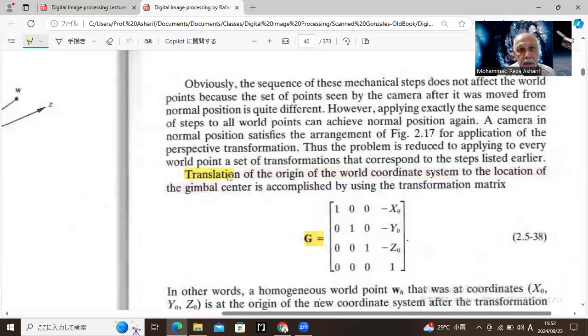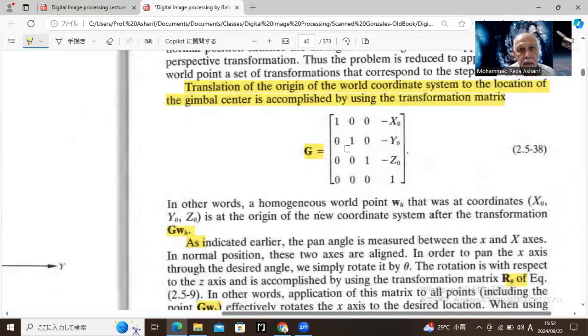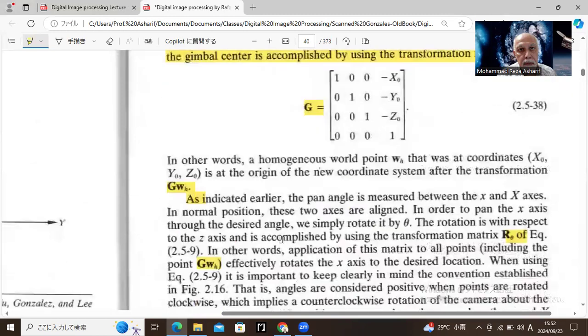One is translation of the origin of the world coordinate to the location of the gimbal center by using the transformation G, which is a 4 by 4 matrix with 1, 1, 1 on the diagonal and minus x0, minus y0, minus z0. In order to transform the homogeneous world point WH, with coordinates x0, y0, z0, a new coordinate G times WH is obtained.